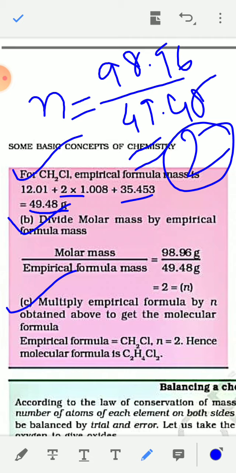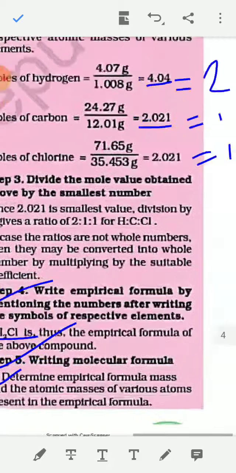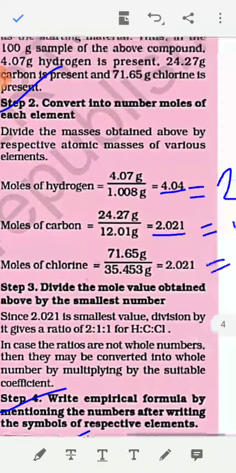So the molecular formula of the compound will be C2H4Cl2. Empirical formula is CH2Cl, and multiply by 2 because the value of n is 2. So the molecular formula will be C2H4Cl2.